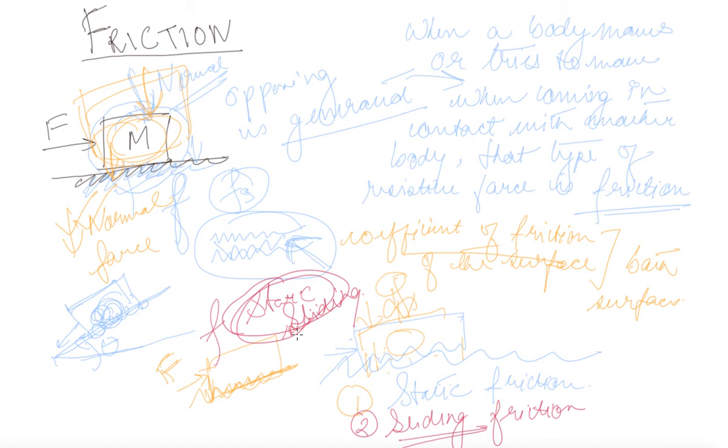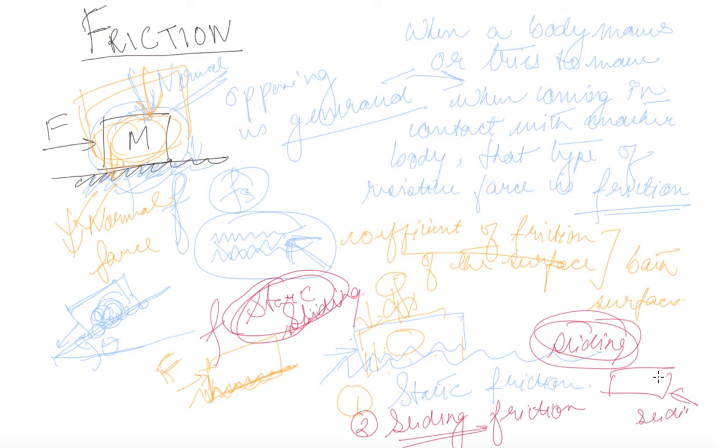After the body starts moving, sometimes the force required to keep the body moving becomes less. That is the sliding friction: after the initial motion, the body experiences just the sliding friction.